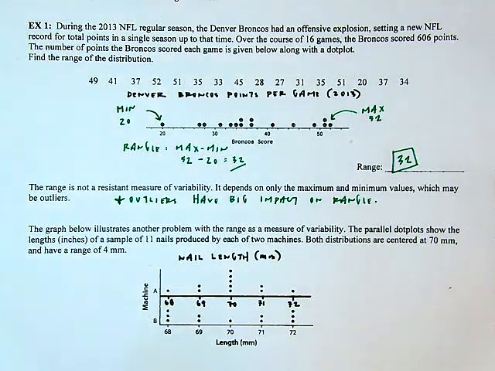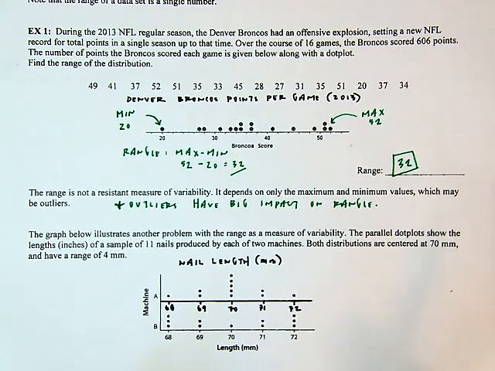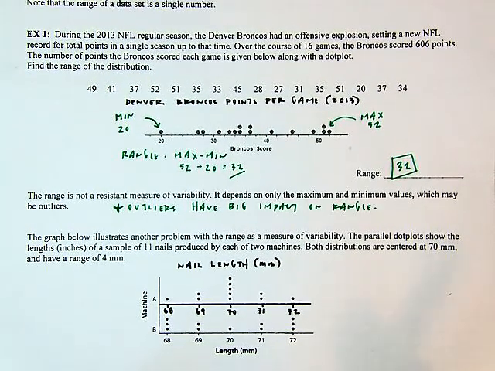So let me say that back. If we have a distribution that has outliers, that would be the maximum and or the minimum values, it might make it appear as though the data is more spread out than it actually is because of those outliers being present.